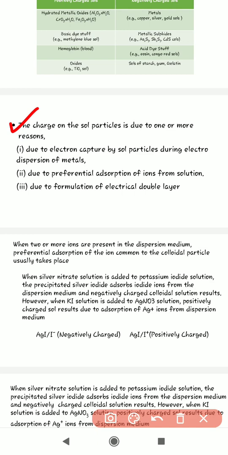Due to preferential adsorption of ions from solution. Due to formation of electrical double layer.